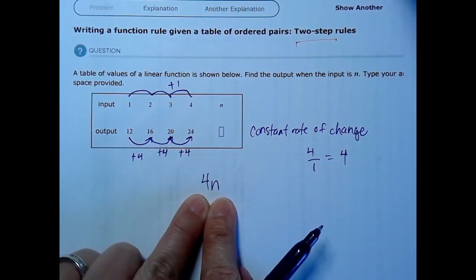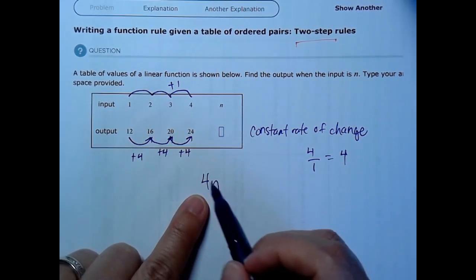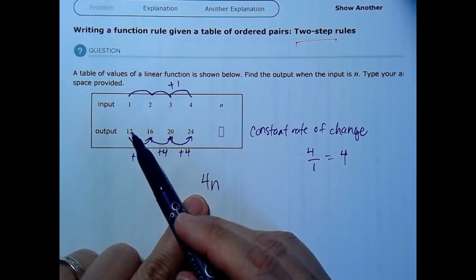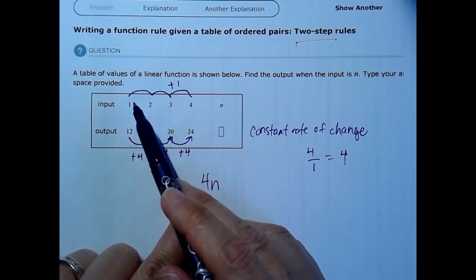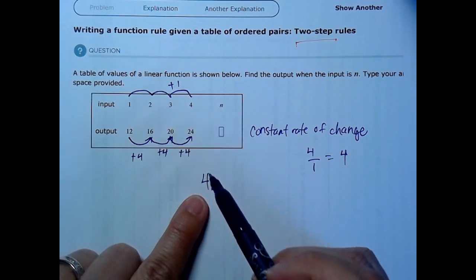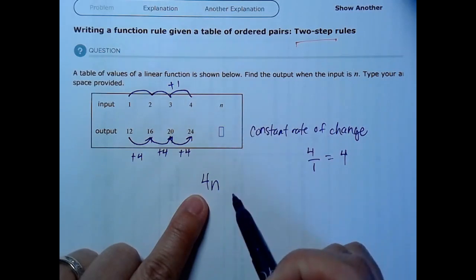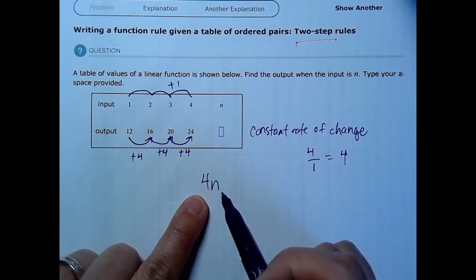Now we have to next say, well, okay, do we have to add or subtract anything to that 4n to end up getting our output? So this is our input, okay? We know that it looks like we're going to have to multiply 4 times all of our input values, but the next question is, do I have to do anything else?